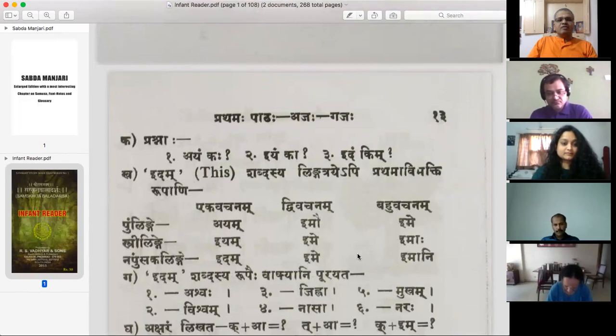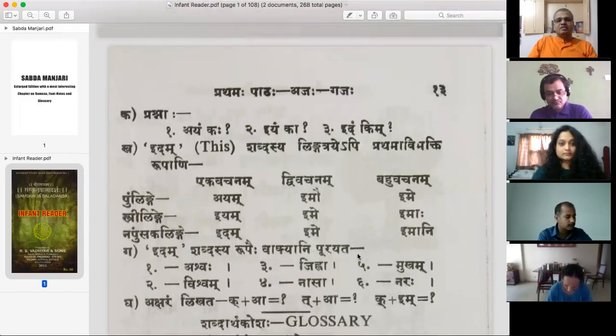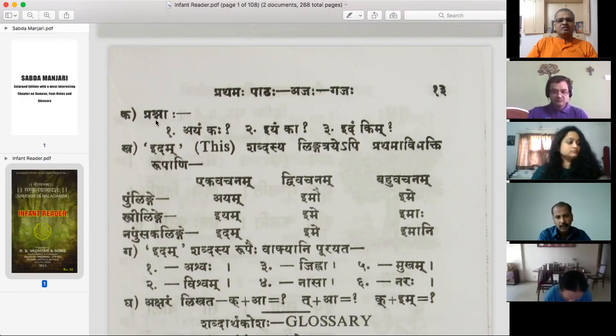So then you have in this infant reader, questions after the first lesson. So you can also work out the exercises. Okay, so then you will get more familiarity. So the first set of questions, Prashnaha. Go to page number 13.